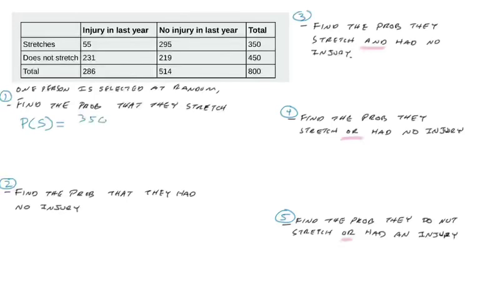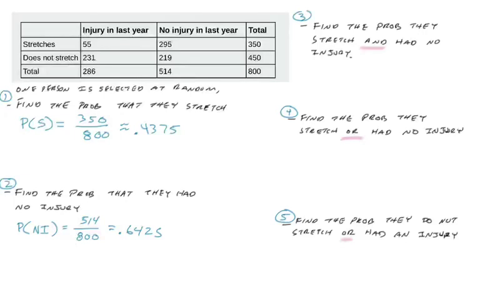Okay, so probability that they stretch is going to be the 350. So we could actually just see that from the total. Probability that they had no injury, once again, no injury is going to be the 514. So we can see that from these numbers here.